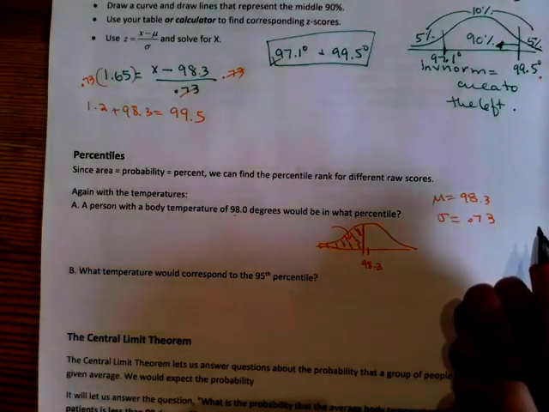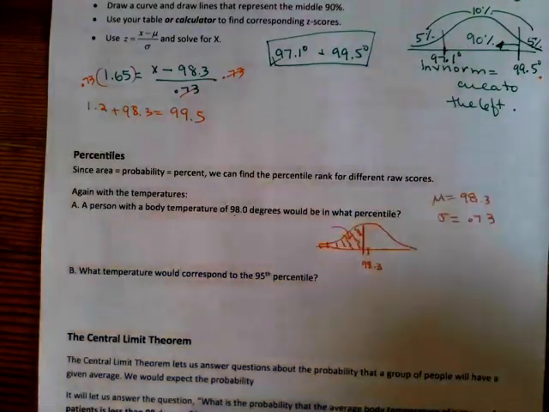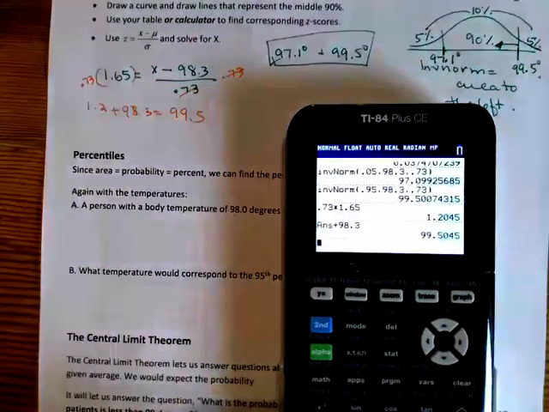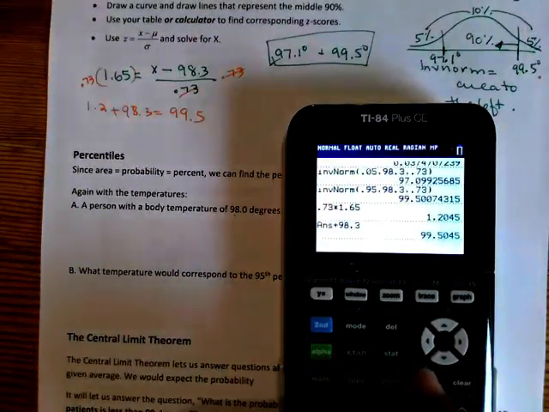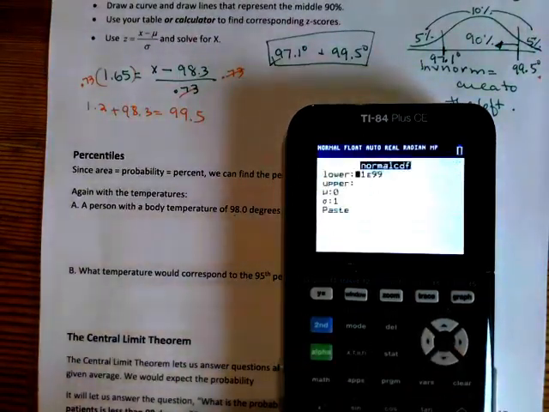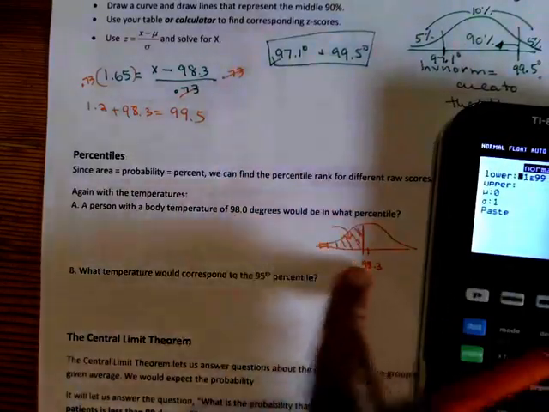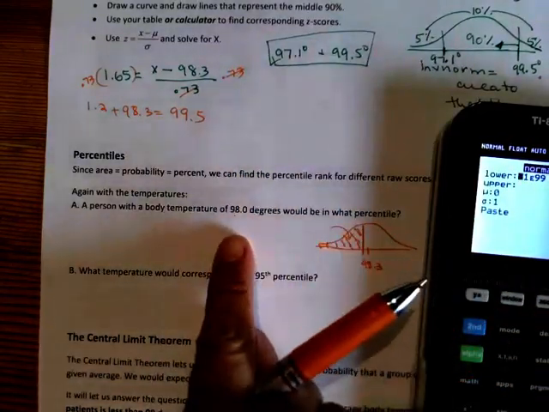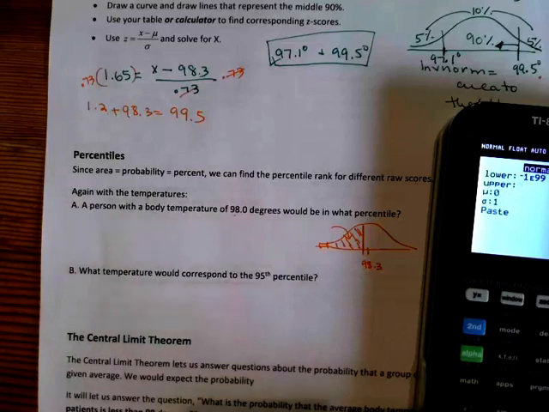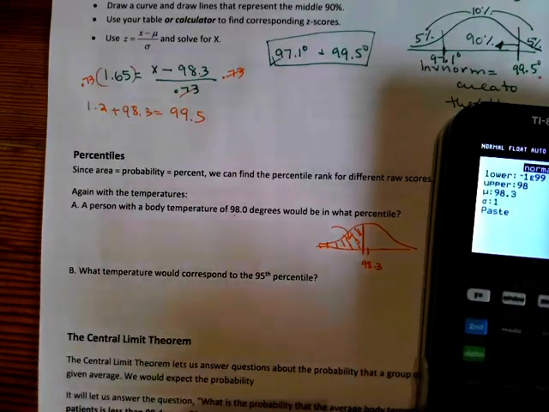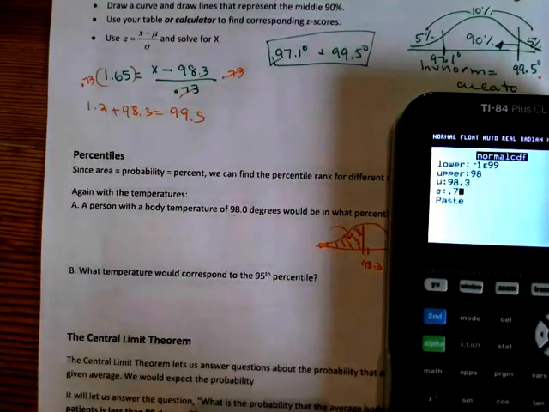So I'm looking for area. Area on my calculator is that normal CDF. Normal CDF, lower, so I'm going to the left, so my lower is negative infinity. I'm going to stop at 98. Plug in your mean, 98.3. Plug in your sigma.